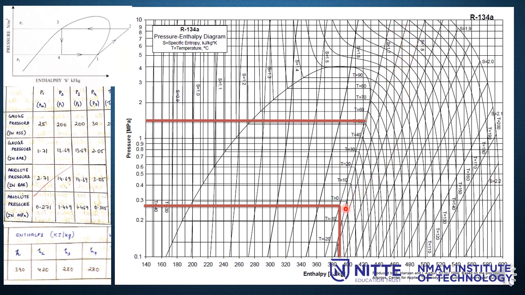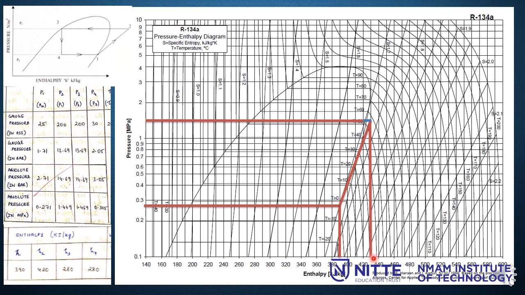So I will draw a parallel line, holding a scale to this line, and then extend the high pressure line to that line. So I will get point number 2 over here by drawing a parallel line to the nearest constant entropy line, and then I will drop a perpendicular, and I will get the H2 value, which is around 430 kilojoules per kg.